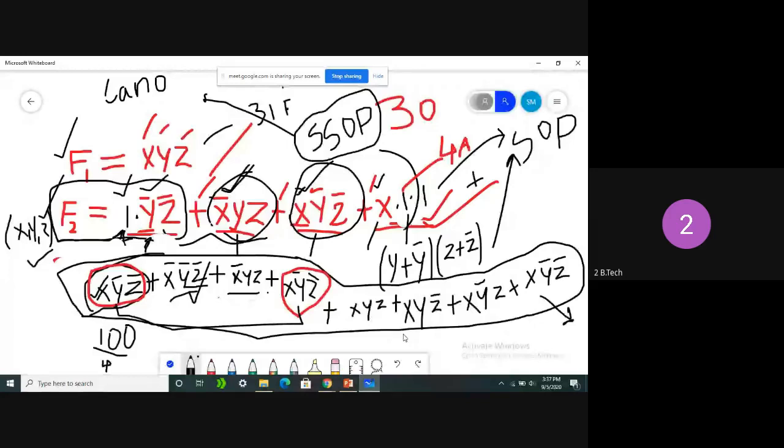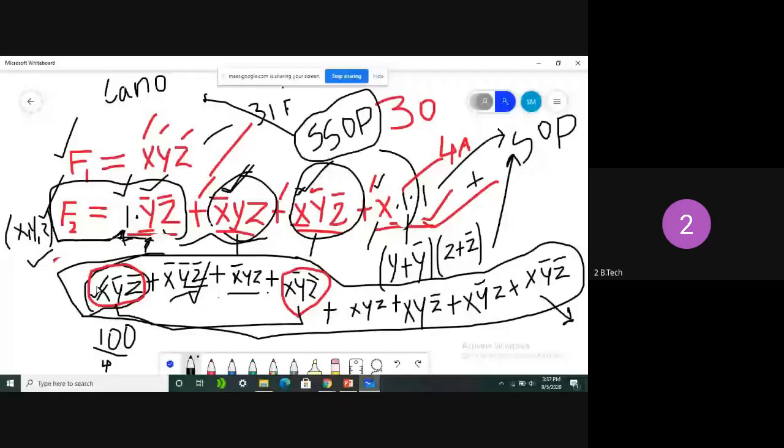Can you read out the first term here in standard form? X, Y bar, Z bar. For X we can replace 1, for Y bar 0, and for Z bar 0. So now tell me, what is its value? 100, that is 4.